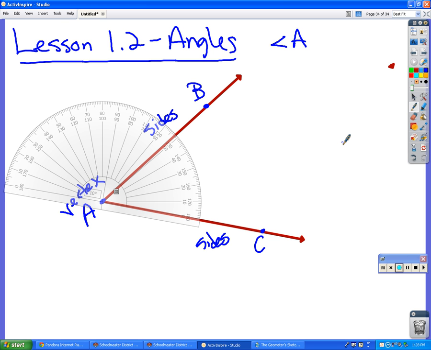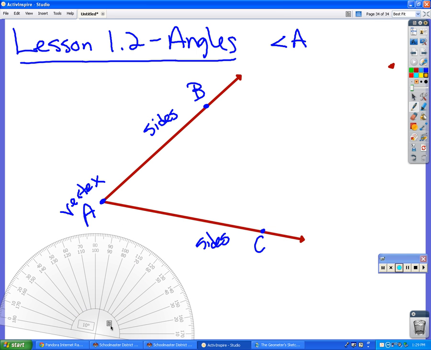Here's the problem with ABC. BAC, right, because if I go ABC, then I'm going to go in the order that he told me through the points. So A, B, C would look like that right there. So angle ABC would actually be this angle that we did not want to talk about.